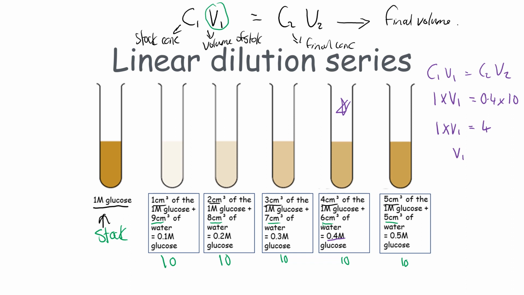So our volume 1 is 4. And you can see that's what we added. So we can always use that. It is usually working out what volume of stock solution you're going to need. Sometimes it might be working out what the final concentration is, but one thing we always need to be cautious of is what is our total final volume. That's something that we always need to work out.